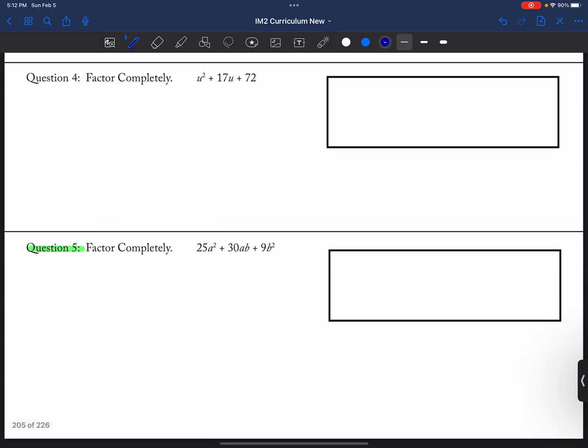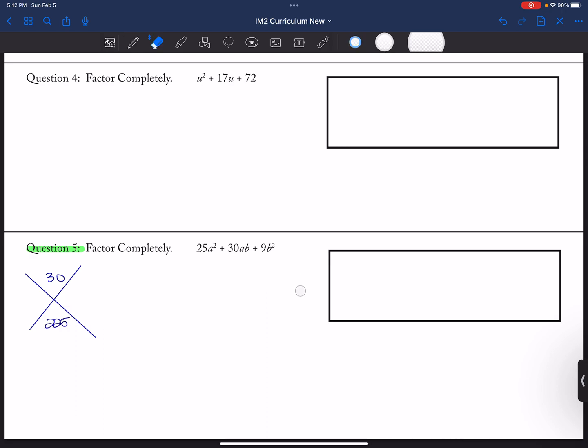And then this one is going to be a bottoms up question. So this is going to be 30 in the top, and then 25 times 9, 5, 4, 18. 225 in the bottom. 225 is a perfect square. It is 15 and 15, which happens to also add up to be 30.